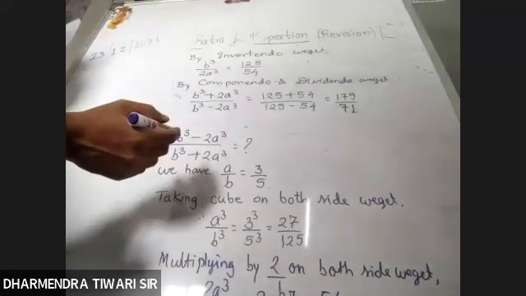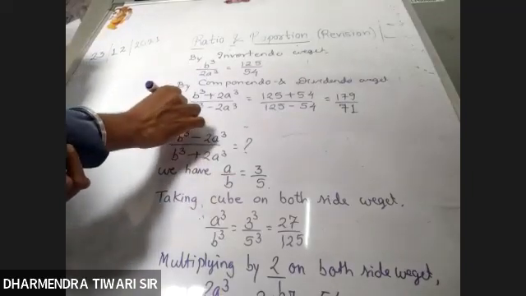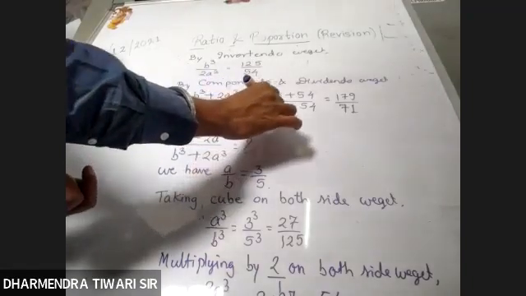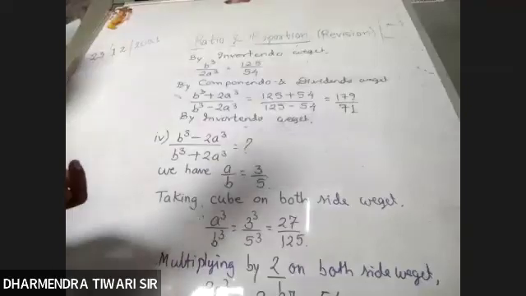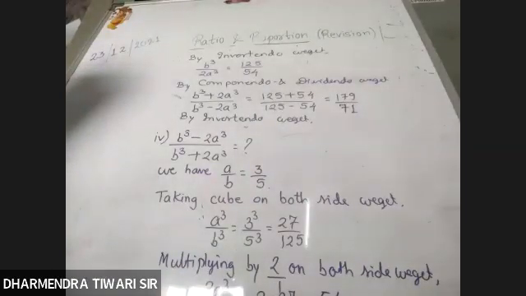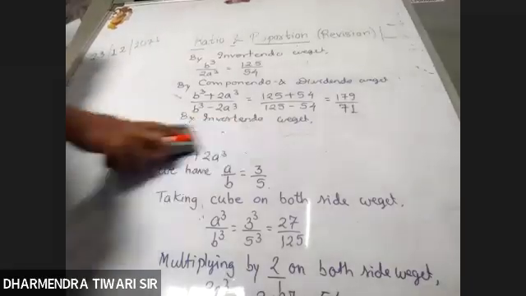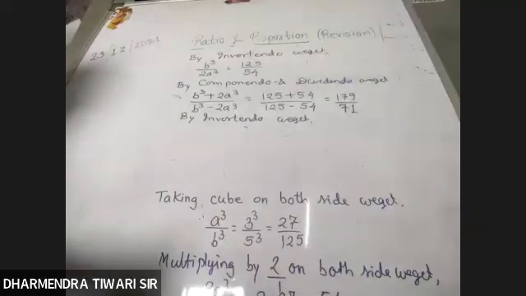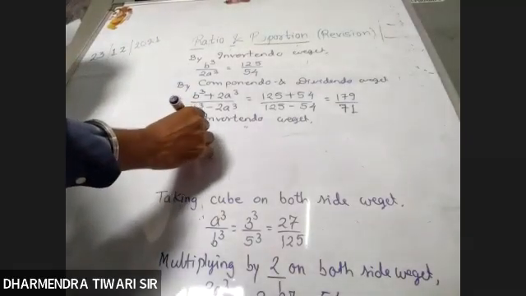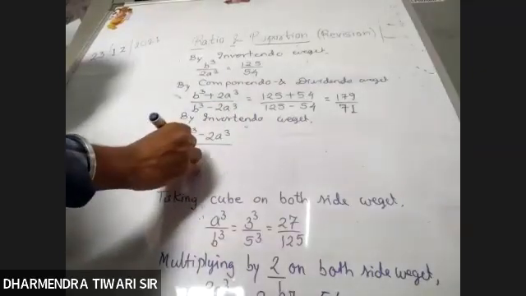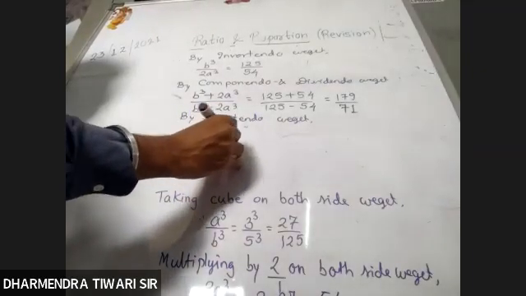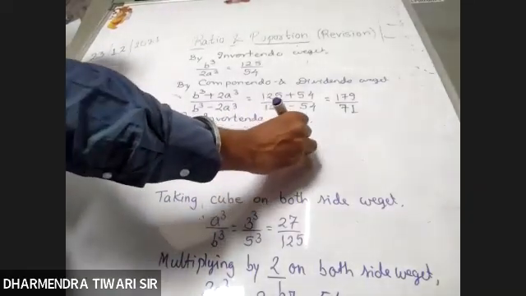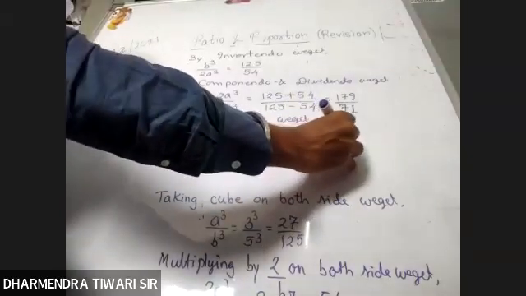What we need to do? Invertendo, as we have done here. By invertendo, we get b cube minus 2a cube divided by b cube plus 2a cube is equal to 71 upon 179. That is 71 is to 179. Done.